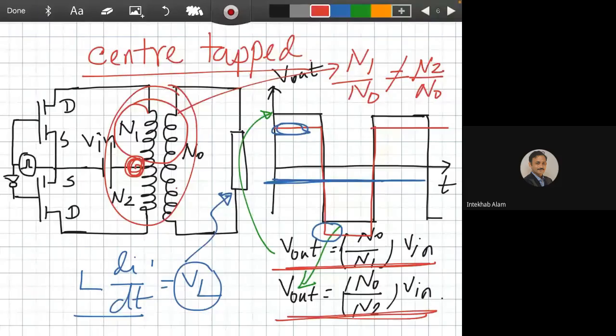If N1 is larger than N2, then we'll find V out 1 less than V out 2, because N1 is higher than N2. And this is a simple transformer equation.